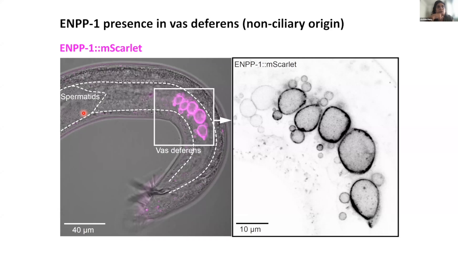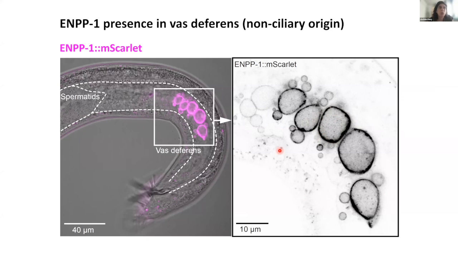What you're showing here are small vesicles outside the big vacuoles. I don't understand where these vacuoles would fuse and release their content to make exosomes. Maybe you can clarify that.